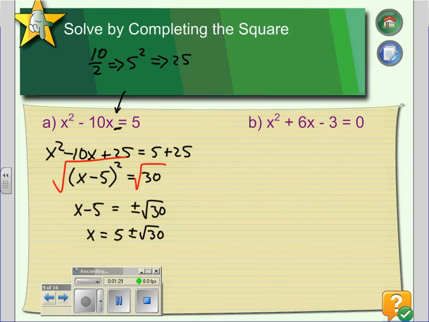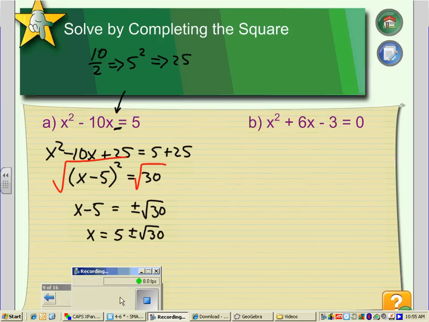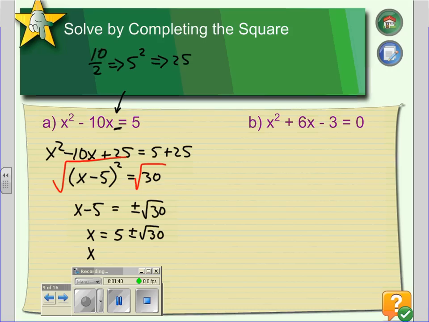Actually, that's two solutions. And you can turn the square root of 30 into a decimal if you would like, so that you can add 5 to that. And in decimal form, we get x equals 10.5 if you round it, and negative 0.5 if you round it.